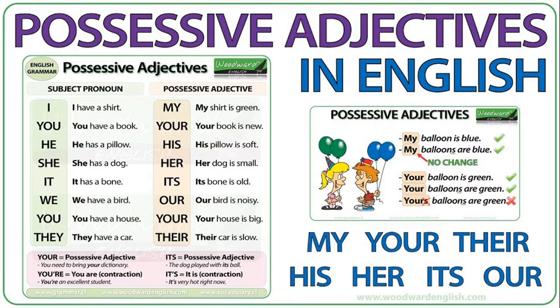But here, my, your, his, her, its, our, your, their are possessives. My balloon is blue. My balloons are blue. Your balloon is green. Your balloons are green. 'Yours balloons are green' is the wrong sentence here. Your, that's all.